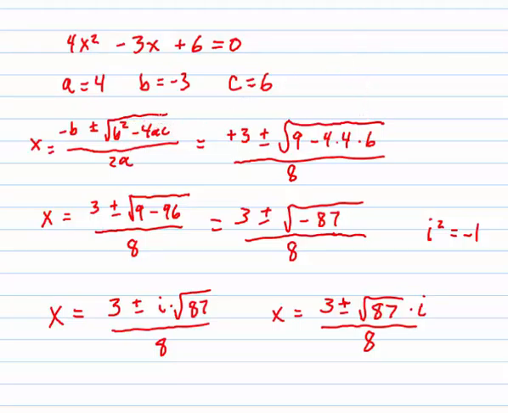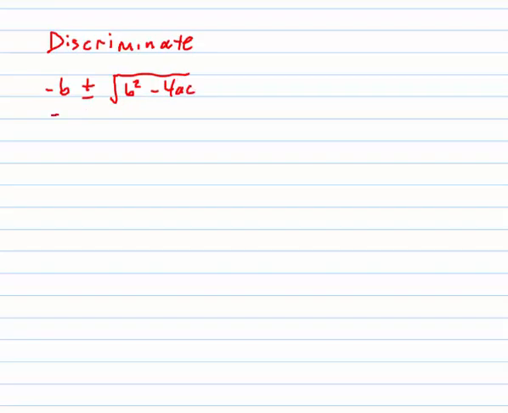Okay, so it's really 3 types. I'm going to go to a new page here. There's really 3 types of solutions, and it's called the discriminant. We have negative b plus or minus the square root of b squared minus 4ac all over 2a.